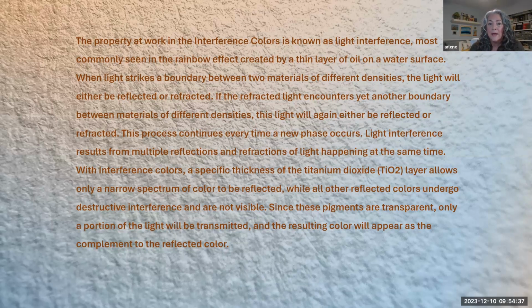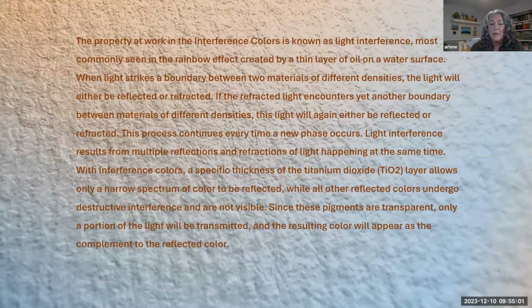If the refracted light encounters yet another boundary between materials of different densities, this light will again either be reflected or refracted. This process continues every time a new phase occurs. Light interference results from multiple reflections and refractions of light happening at the same time.